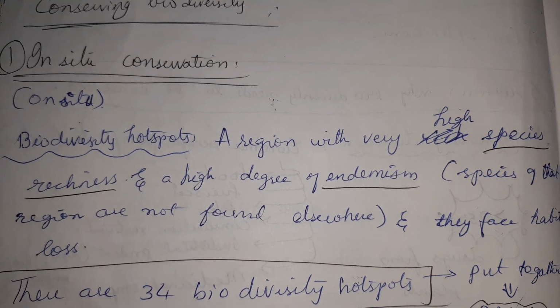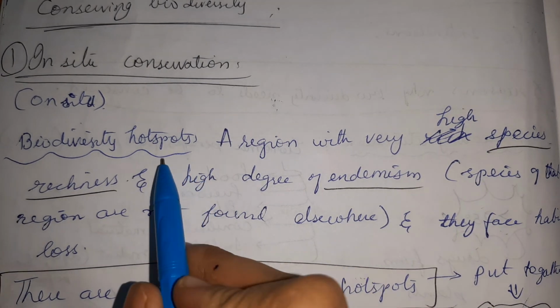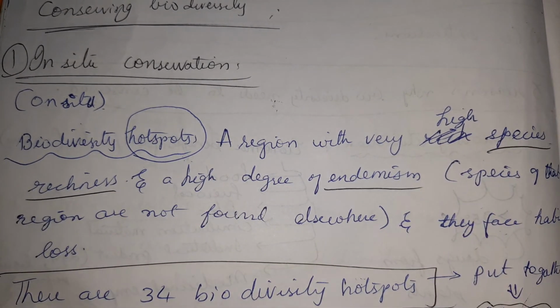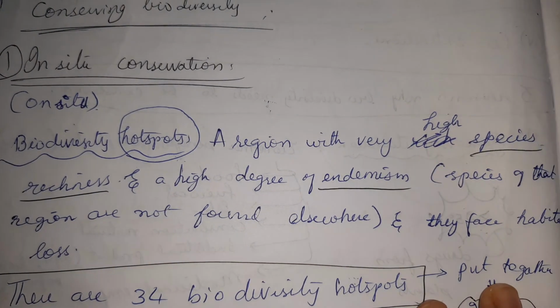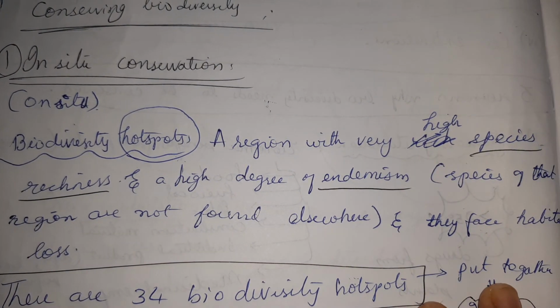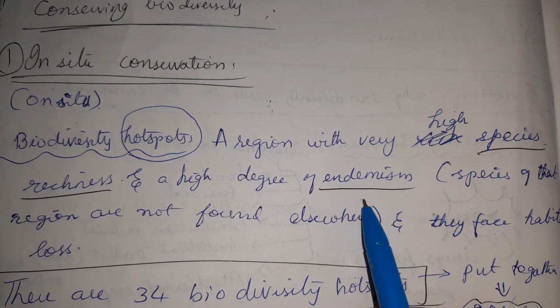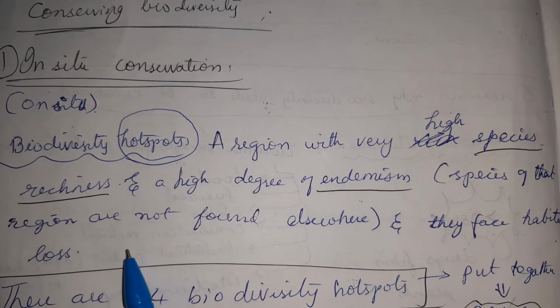The example is biodiversity hotspots. Hotspots are regions where very high species richness is present, meaning many species live there, and a high degree of endemism, meaning the species which live there are not found anywhere else, and they face habitat loss.